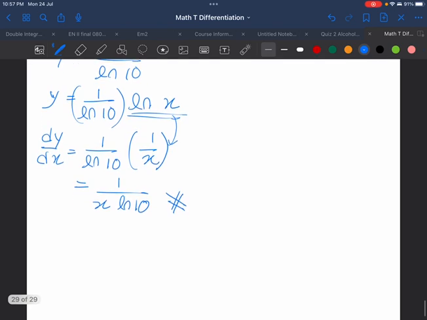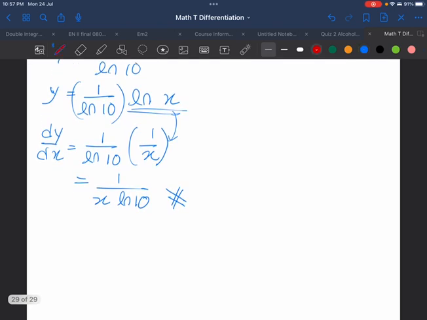Of course, if the answer wants you to express it back in terms of log base 10 or log base a, we can change it. We can change it to log base 10 of e over x.